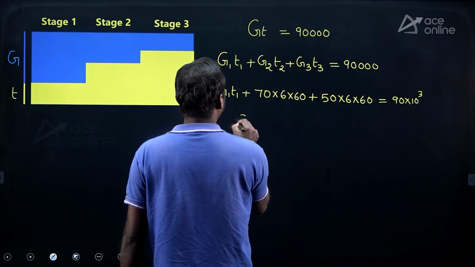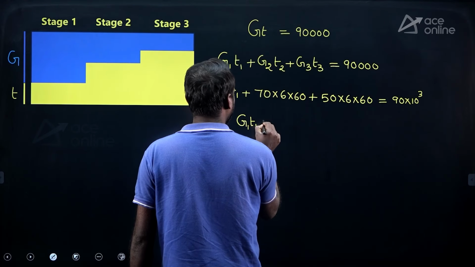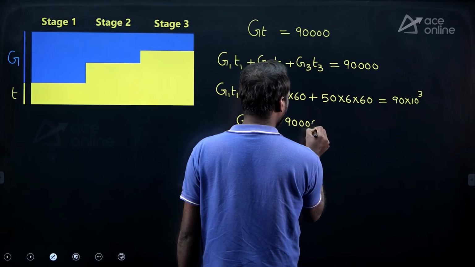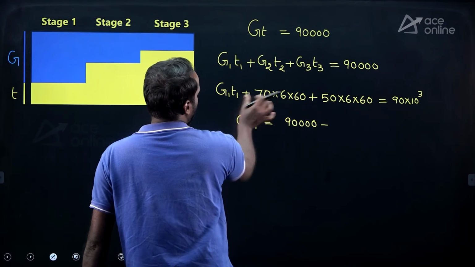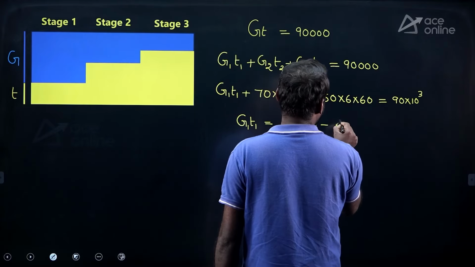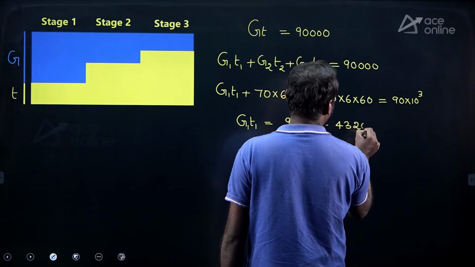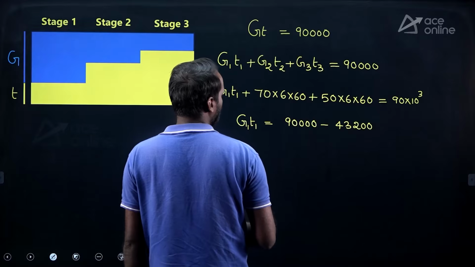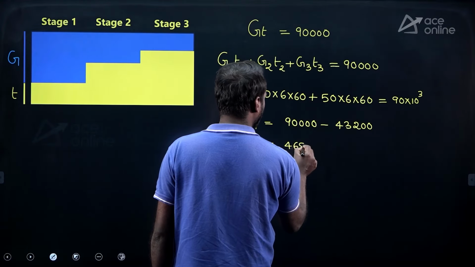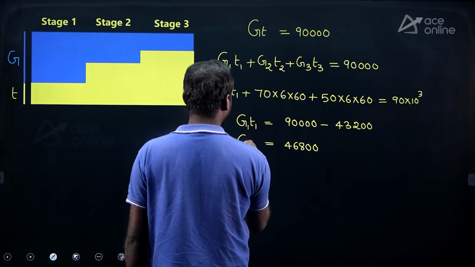Now, if you do this, I will get G1 T1 equal to 90,000 minus 43,200. You will get 46,800 as the balance value for G1 T1.